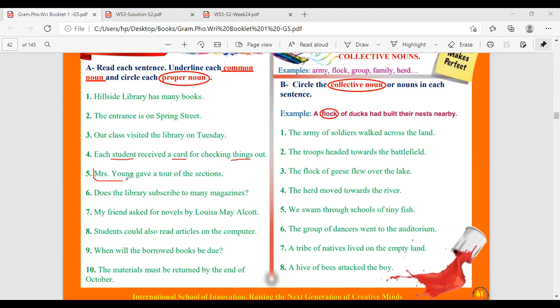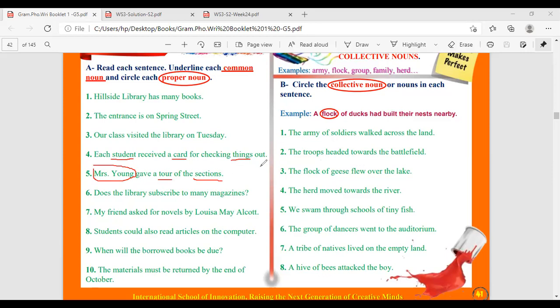Excellent. Section is the common noun. And tour is another common noun. Excellent. Thank you, Hala.